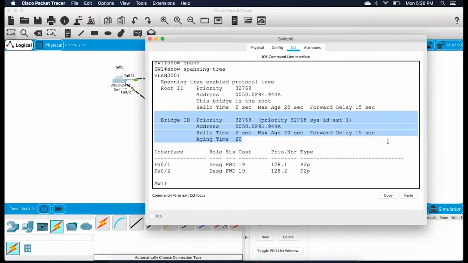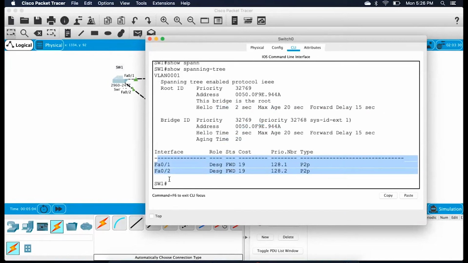The root ID says the priority of the root bridge is this, the MAC address of the root bridge is this, and it says that this bridge itself is the root. So our SW1 is acting as the root bridge because the MAC address of the root bridge and the MAC address of the local switch are the same. That's why you can see that this is the root bridge. And then you have the timers, and this is the important information that you see.